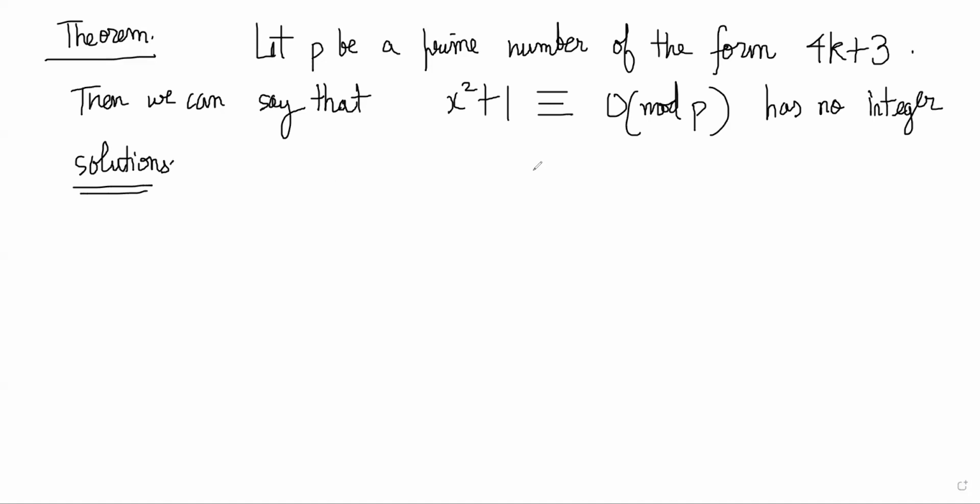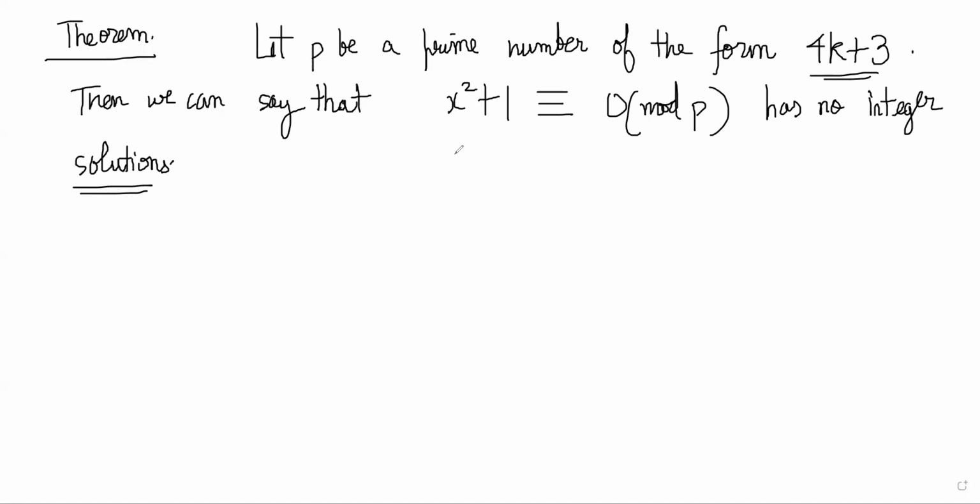So basically we are saying that if the prime number p is of the form 4k + 3, then you can never find an x such that x² + 1 is divisible by p, or x² + 1 is congruent to 0 mod p.